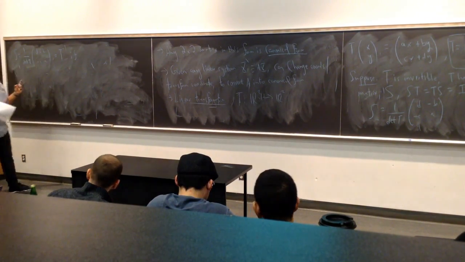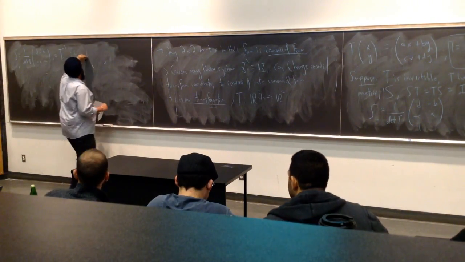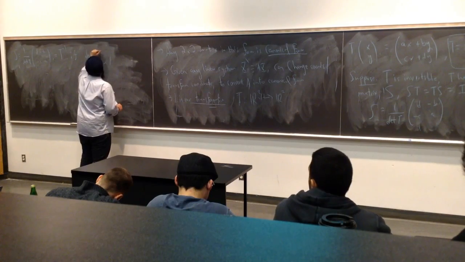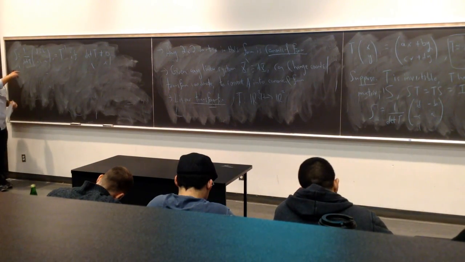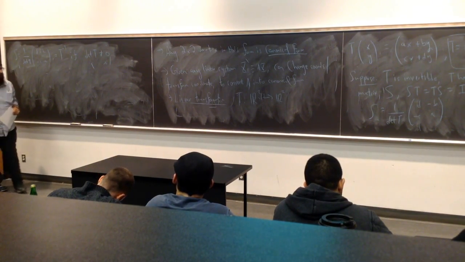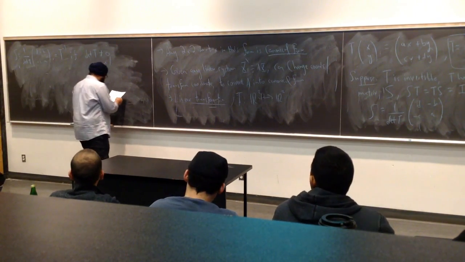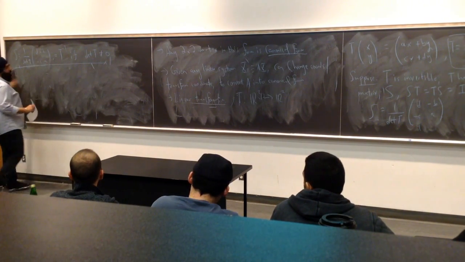What is the condition? The determinant of T cannot be equal to 0. Obviously. We have 1 over the determinant of T, so if it's not equal to 0, then we're good. So that's the condition. Keep that in the back of your mind.